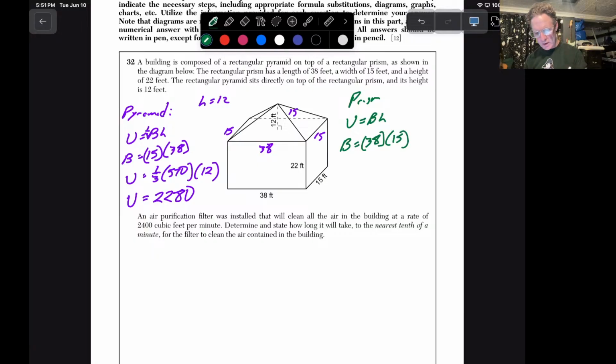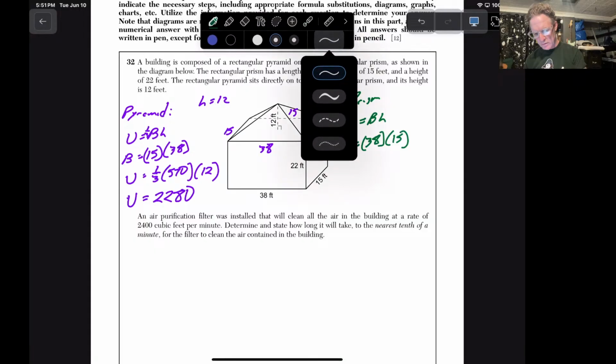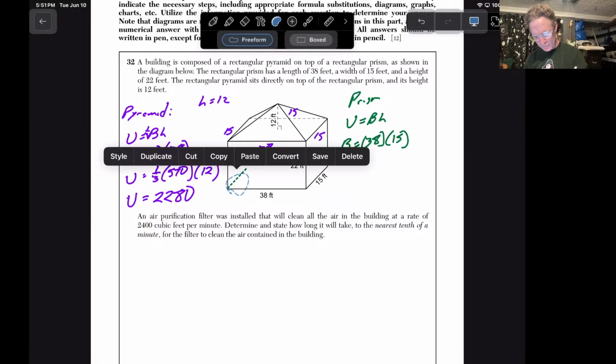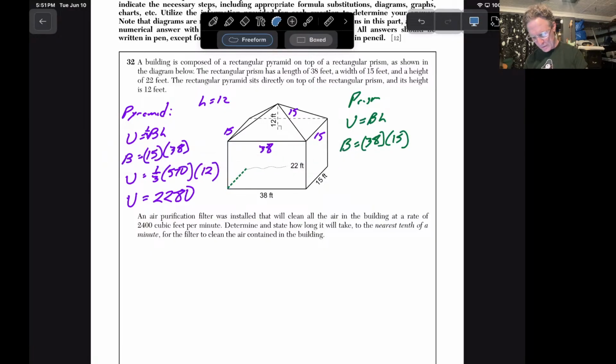So if you could imagine, what does this thing look like? Something like this, right? Sort of.